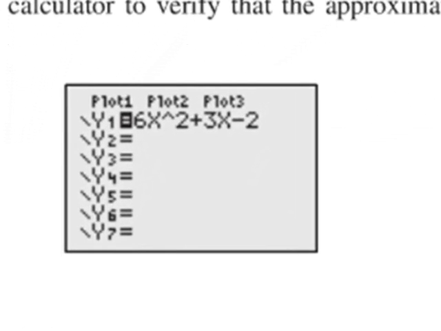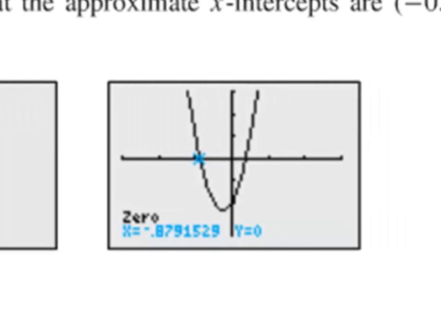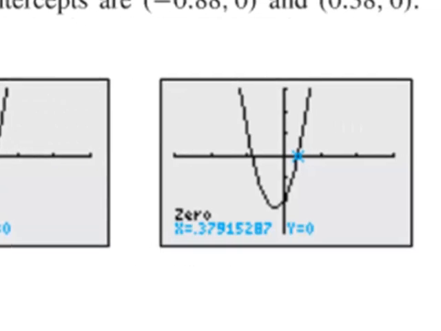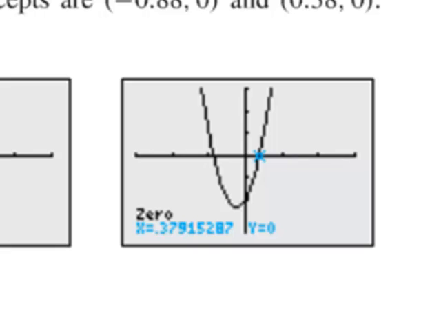Putting the equation in y1, hitting graph, then second trace, then 0, we see the first x-intercept is approximately negative 0.88, and the second x-intercept is approximately positive 0.38. So we have verified the x-intercepts.